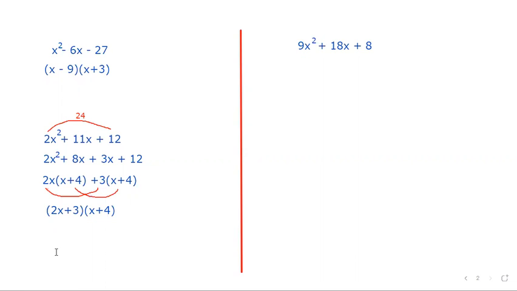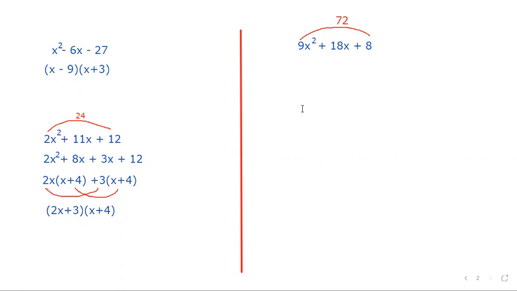Okay, in another case here, we want to use 9x squared plus 18x plus 8. So we still want to use the same type of logic. We need two numbers that could multiply to give you 72, but that can still add up to give you 18.